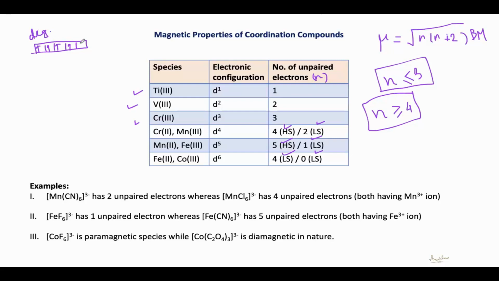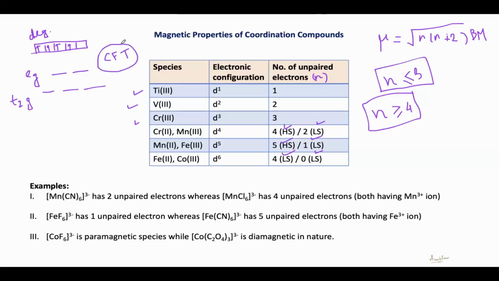But actually, in case of the ligand field, the degeneracy can be lifted. Here the degeneracy of the 5 d orbitals is lifted into 2 sets: the lower one is termed the T2g orbitals, and the upper, higher energy one is termed the Eg orbitals. These are part of the crystal field theory, which we will discuss quite elaborately in the next class.